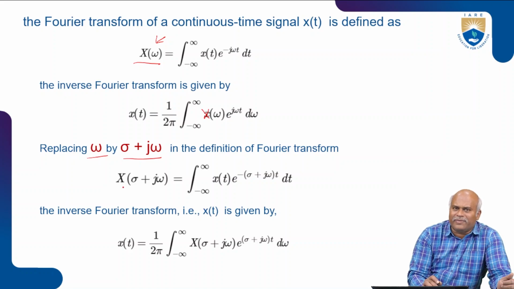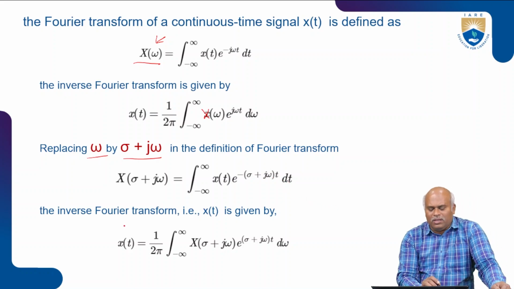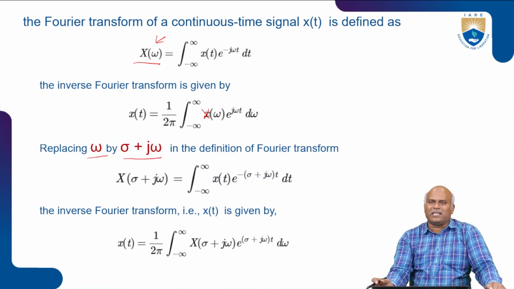That is, X(sigma plus j omega) is equal to the integration from minus infinity to plus infinity of x(t) e^(-(sigma plus j omega)t) dt. Now we should write the inverse Fourier transform also.